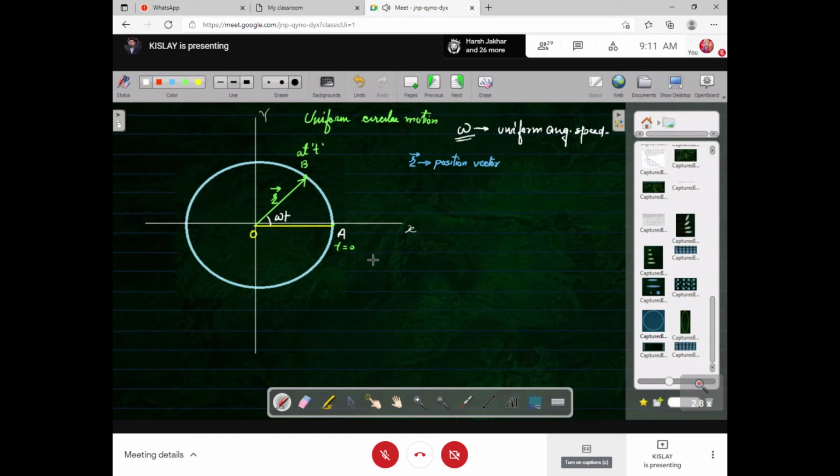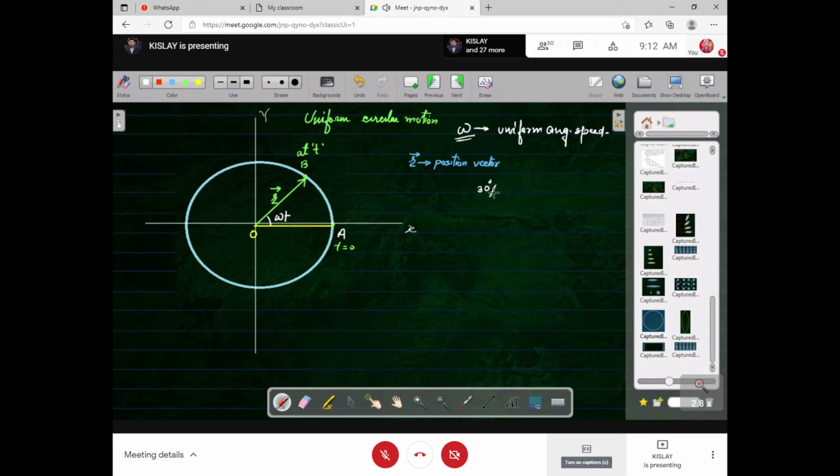Repeat once more, sir. Good. Suppose an object is moving on a circular track with 30 degree per second.